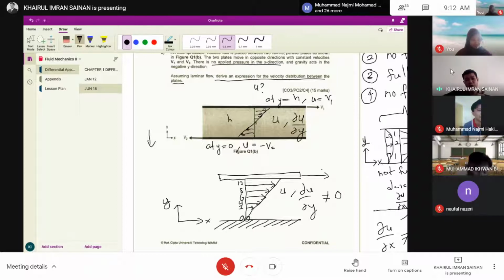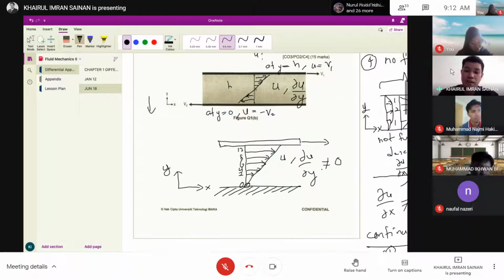So the fluid is flowing, not influenced by gravity. The velocity profile looks like that because of something else, not due to gravity. For this case, it's due to the plate movement at the top and bottom in opposite directions. So that's why we can cancel out gravity.